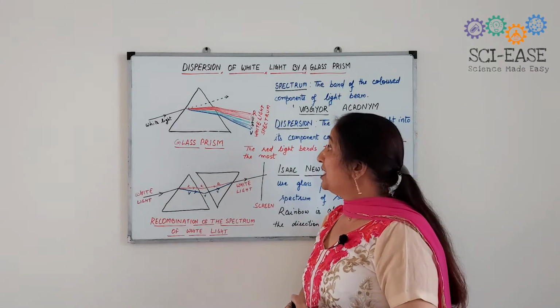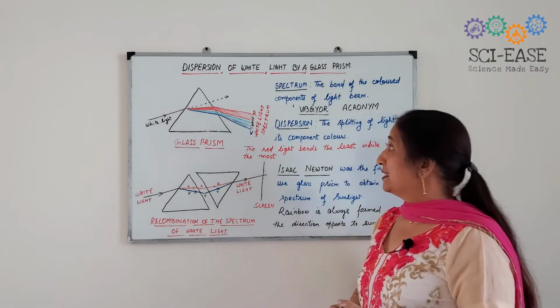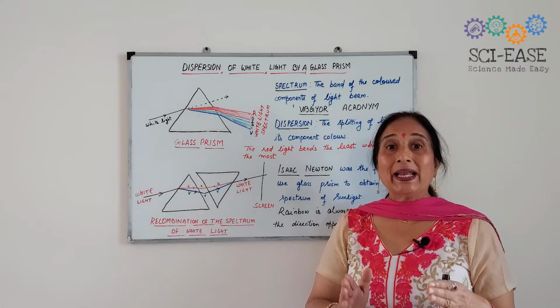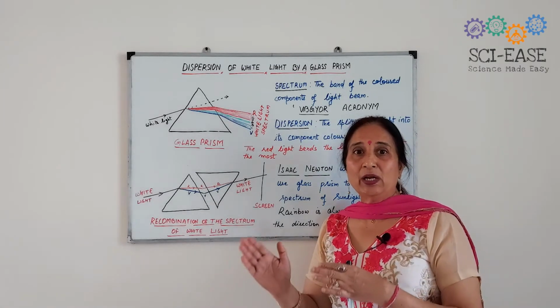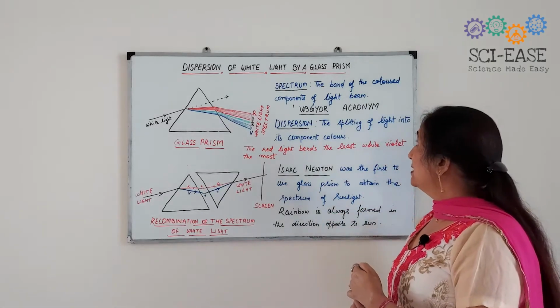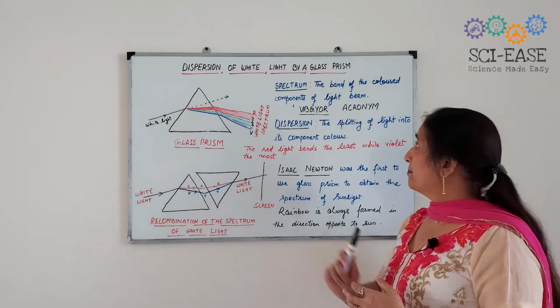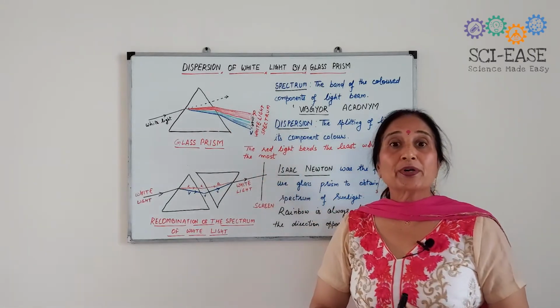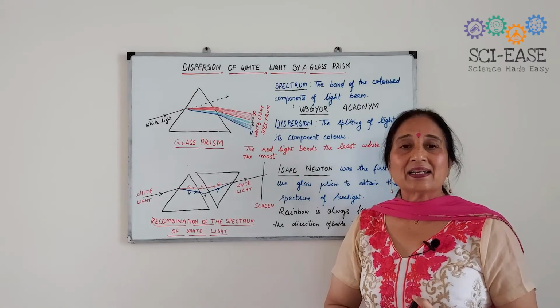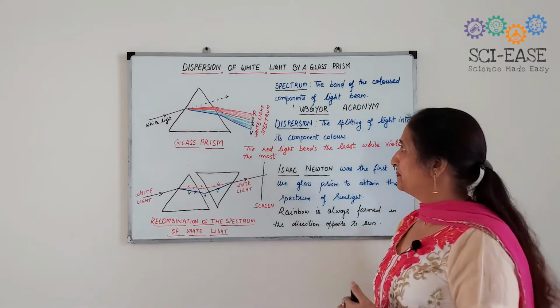And these beautiful colors, the sequence is violet, indigo, blue, green, yellow, orange, red. The acronym used to remember this sequence of the colors is VIBGYOR.